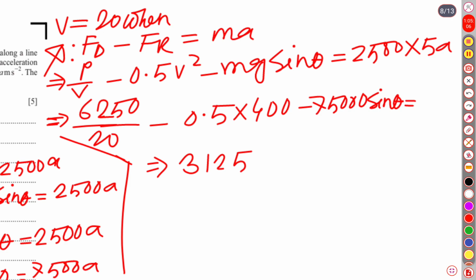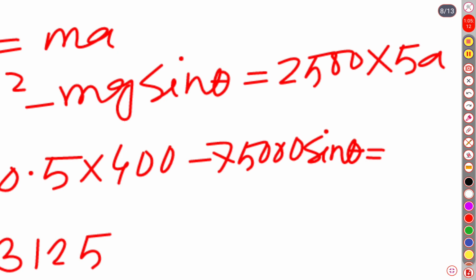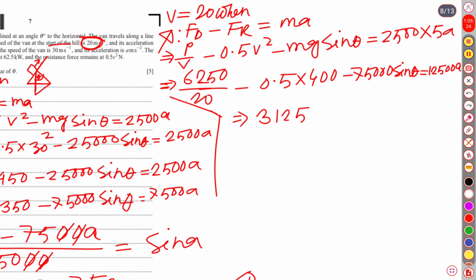Equal to 12500 acceleration. Okay, then if we simplify more, it is 400, half of 400 is 200, minus 200 minus 75,000 sin theta is equal to 12500 into acceleration.